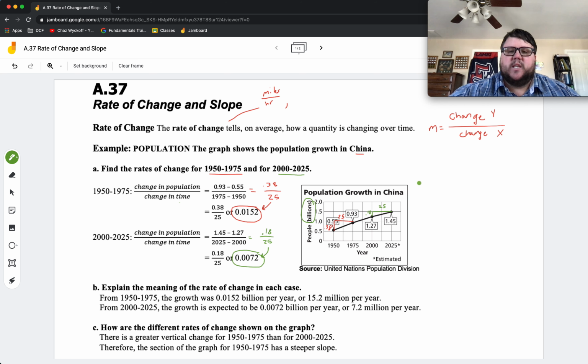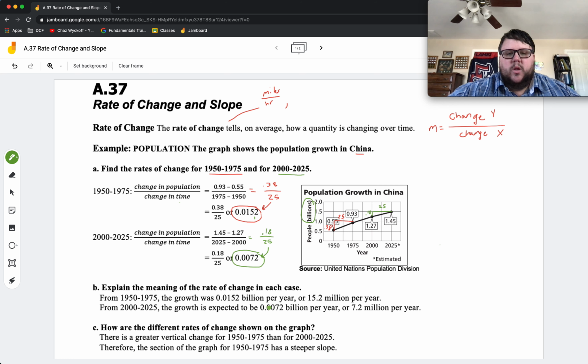A billion has 9 zeros, so we would move the decimal 9 places: 1, 2, 3, 4, 5, 6, 7, 8, 9. So it actually tells us that it's 15 million people per year more. That's actually a big number, guys. I just wanted to show you that.